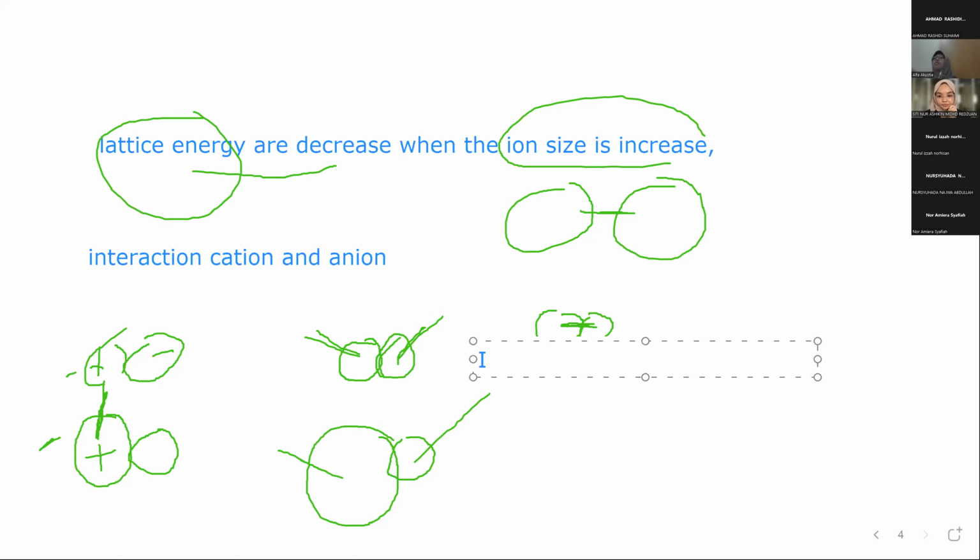Which one has a good interaction? Apple and orange, or watermelon and orange?